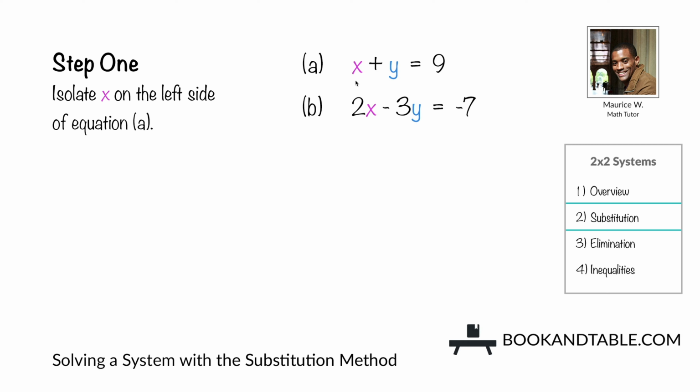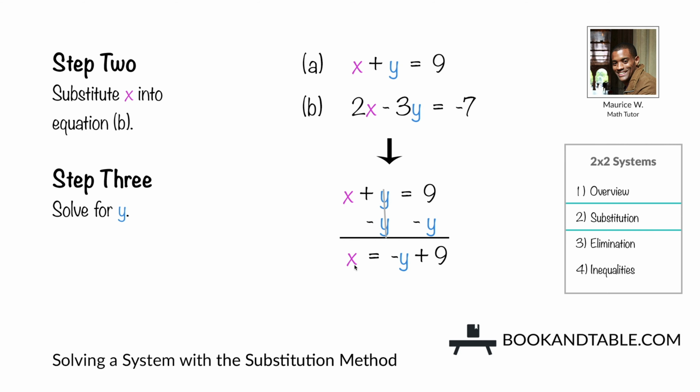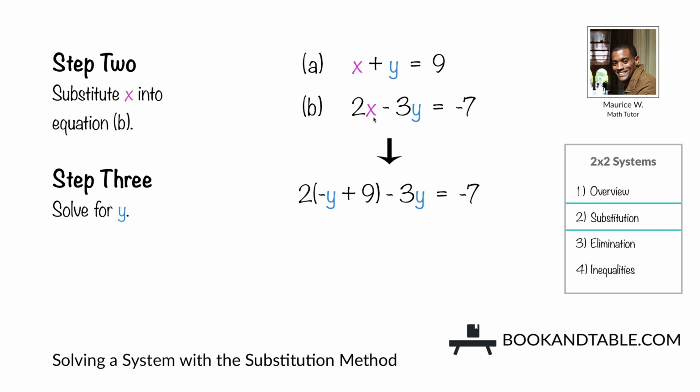So step 1, isolate x on the left side of equation A. So we'll take x plus y is equal to 9, and we'll isolate x. So that means we'll subtract y from both sides, giving us x is equal to -y plus 9. So now we'll take this expression, and step 2, we'll substitute x into equation B here, giving us 2 times -y plus 9 minus 3y is equal to -7.